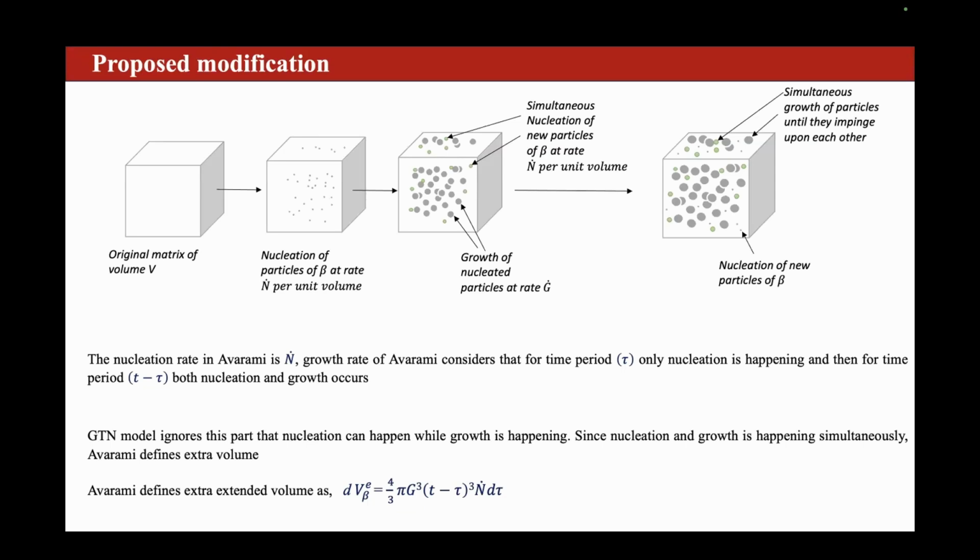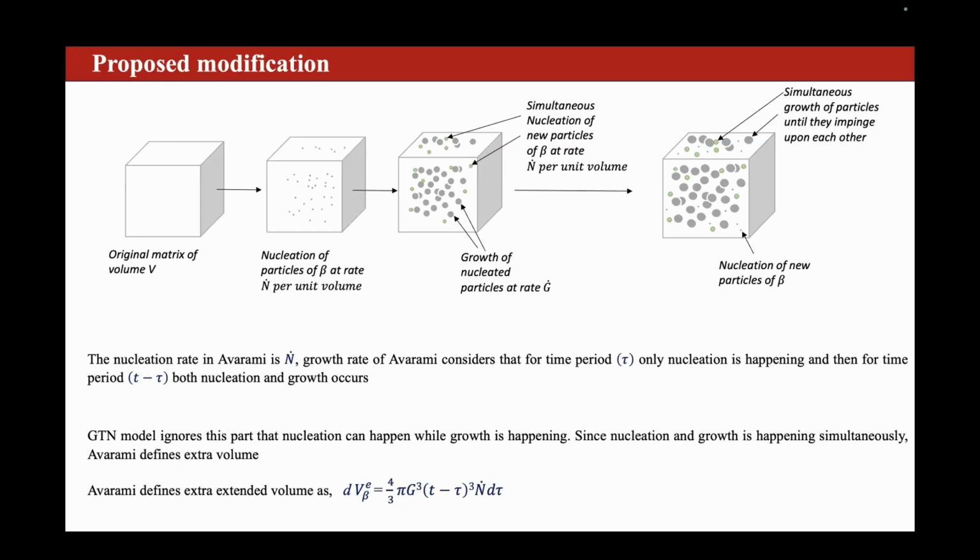So Avrami defines it as nucleation of beta particles at some places, and those beta particles will grow until they impinge upon each other. While growth is happening, there are also places where new particles of beta phase are nucleating. They will impinge upon each other, and whenever the impingement is done, at that time the growth will stop. That's how Avrami approaches the problem.